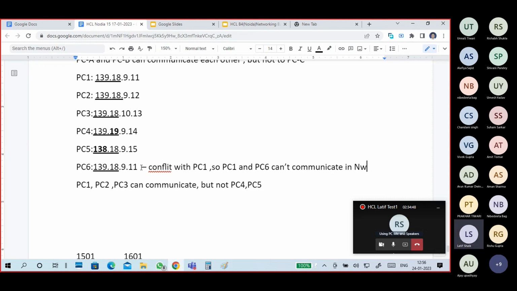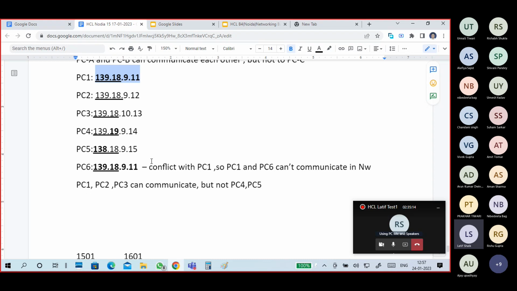In the network, not only with each other, they can't communicate in the network at all. A conflict is generated because both have the same IP address. Okay, guys, in this case, I have six PCs configured with IP addresses.